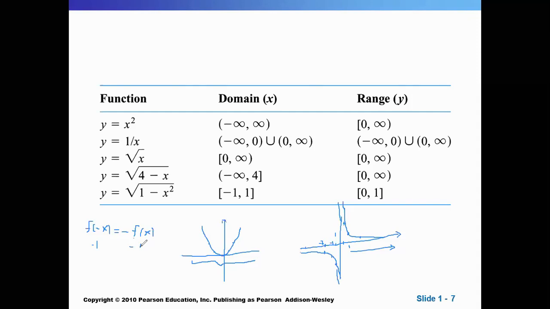We said if all the exponents of x are odd, we have just one x here, but if we have a polynomial like x cubed plus x, if all the exponents are odd numbers, then the function is odd, assuming there is no constant value. The function is even if all the exponents are even, like the first one. Yes, the first one is even.